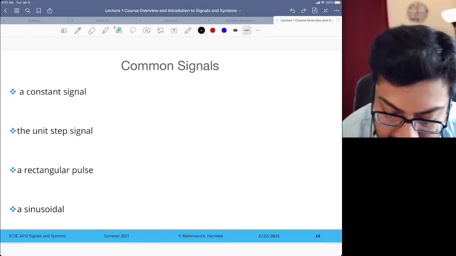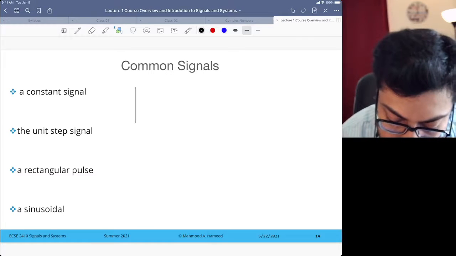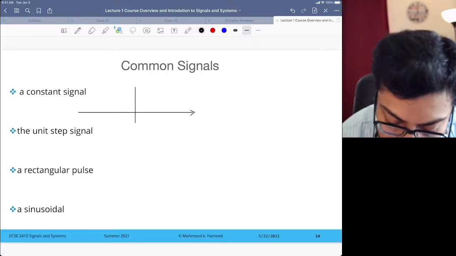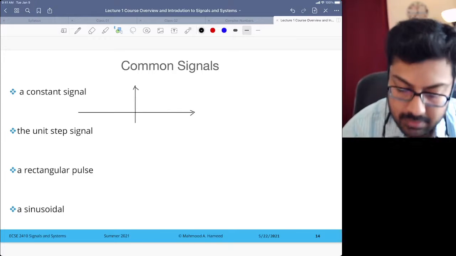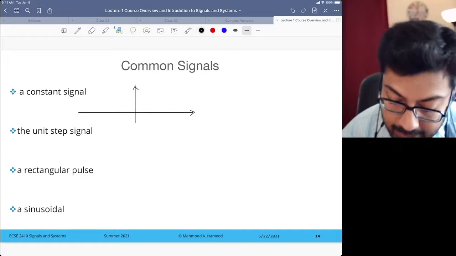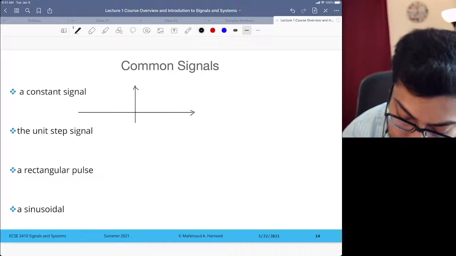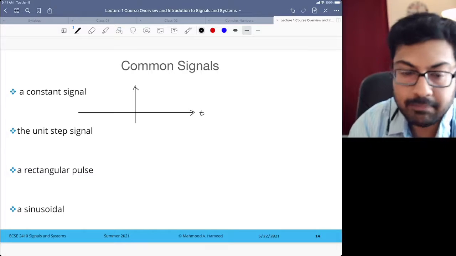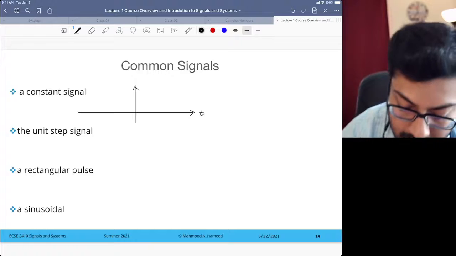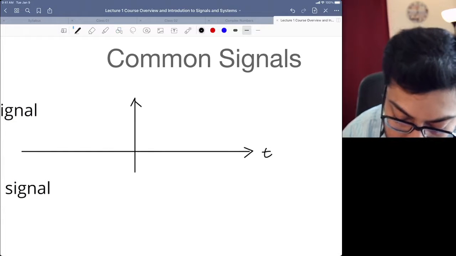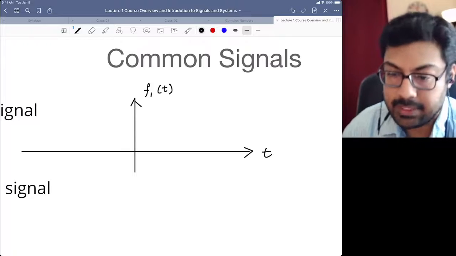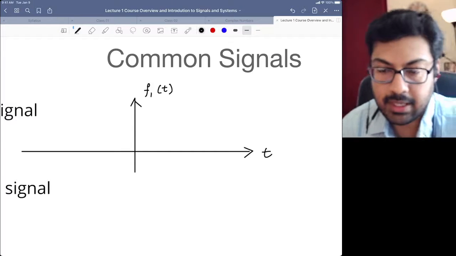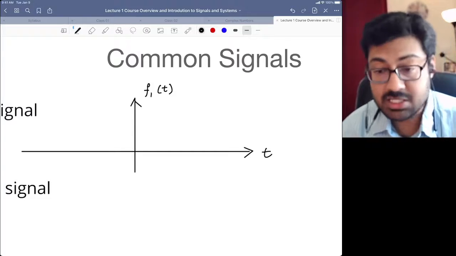Well, the axes I will draw in black. All right, that's fine. I've got t here as a function of time. And then for the y-axis, because I'm doing 4 of them, I will write f1 of t here. This is my first signal. This is a constant signal.